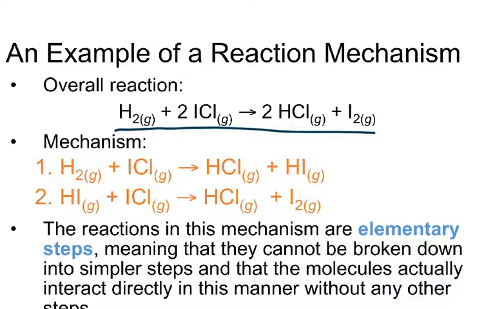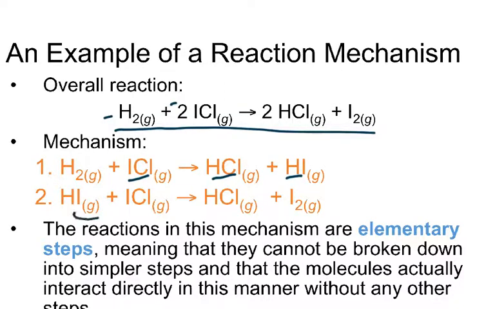The mechanism, though, instead of having all 3 of these molecules collide with each other, has the hydrogen collide with 1 iodine monochloride to form 1 hydrochloric acid and a hydroiodic acid.